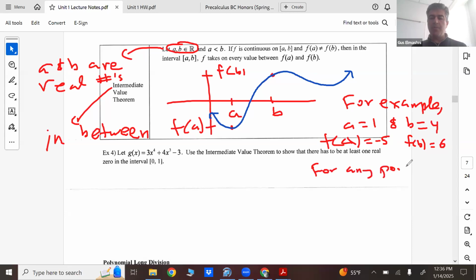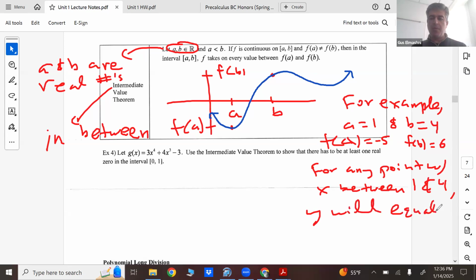any point with X between 1 and 4, Y will equal some value between -5 and 6.